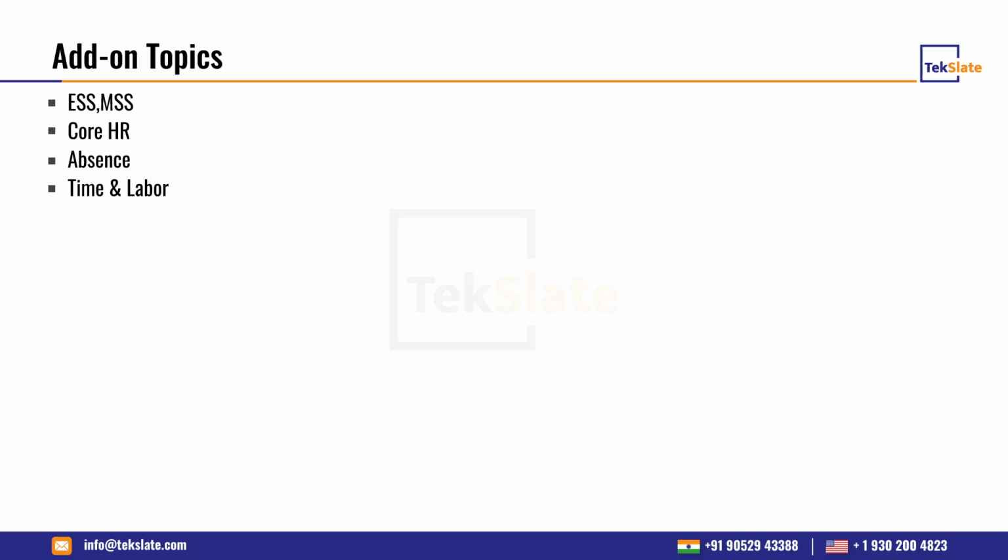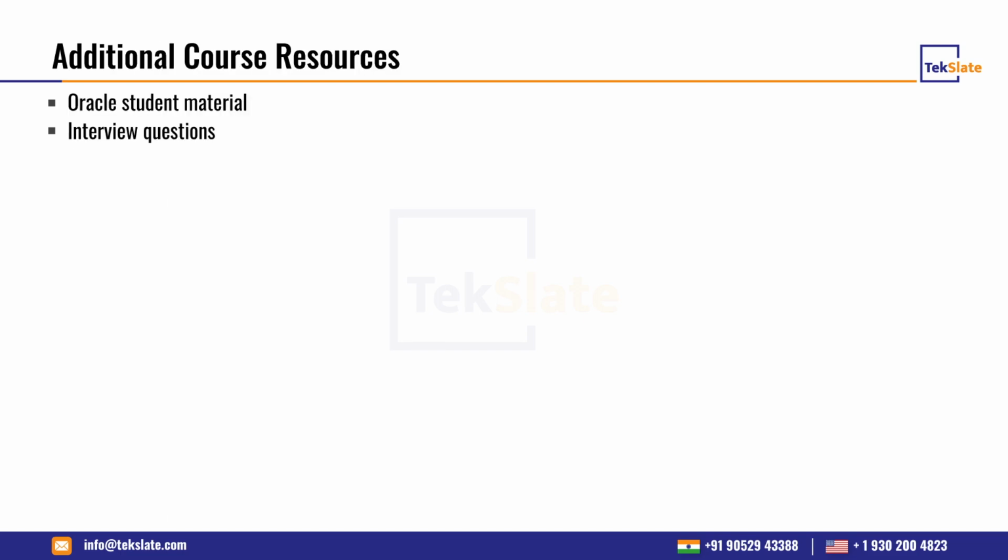These are a few modules of PeopleSoft HRMS. We can give a detailed track of these topics once we are done with the basic structure. As additional course resources, we can also provide some Oracle student material and interview questions.